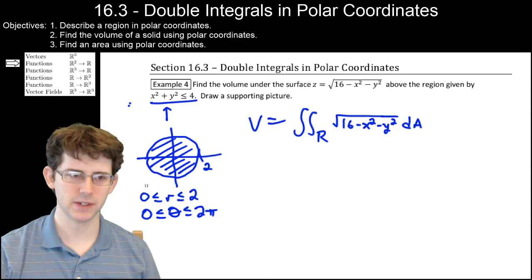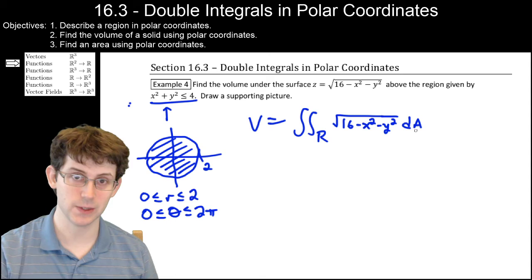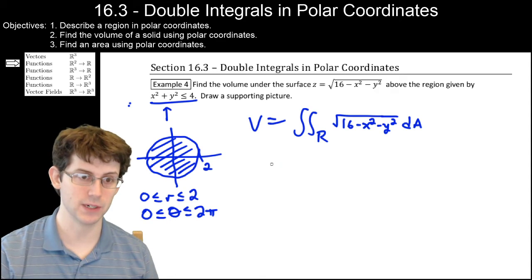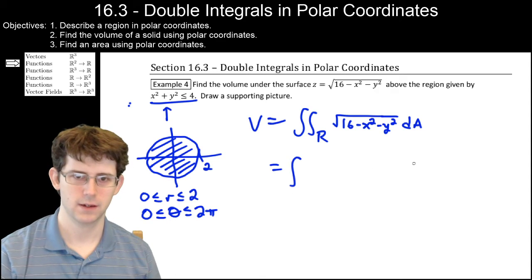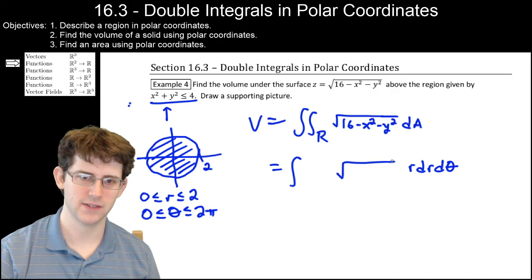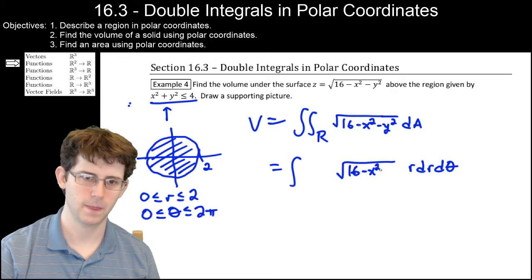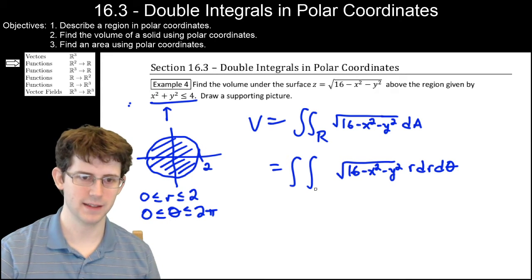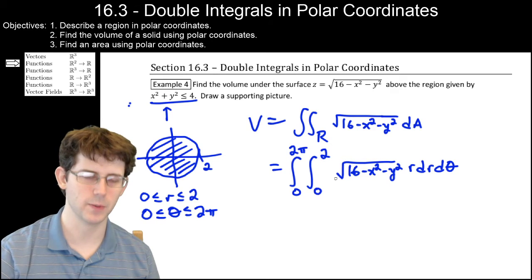And then the trick is, once we've decided polar coordinates, that decides what dA is, and that decides what bounds we choose. So dA is r dr d theta. I'll just leave this function alone. And then the r bounds are on the inside, so I'll go 0 to 2. And the theta bounds are on the outside, so I'll go 0 to 2 pi.